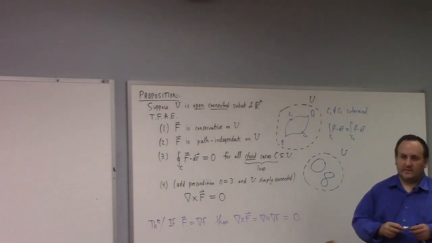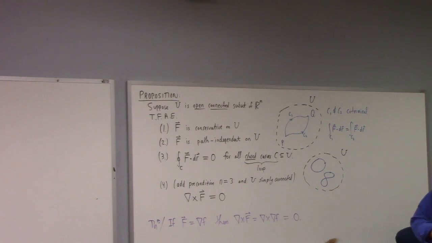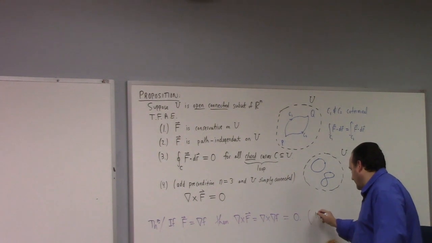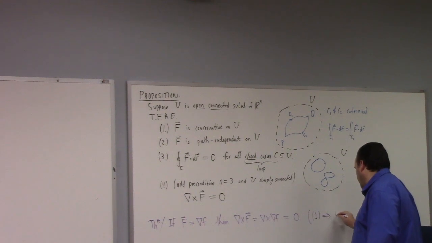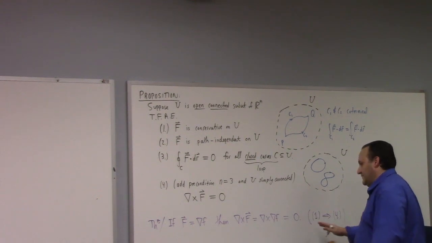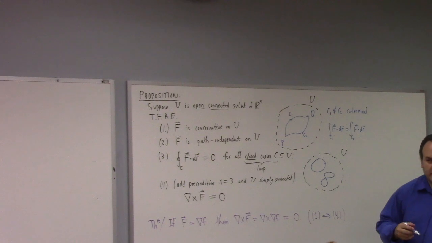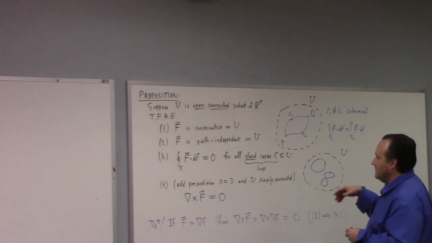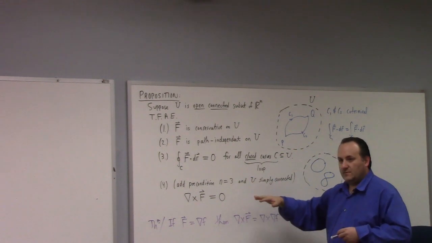The curl of a gradient is 0. So it is just generically true that point number 1 implies point number 4. This is true, what I just wrote in purple, independent of any sort of topological assumption, any sort of assumption about the simple connectedness of U.